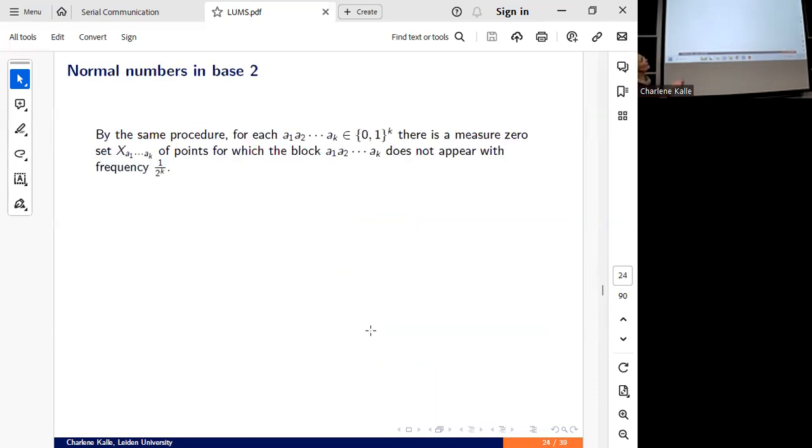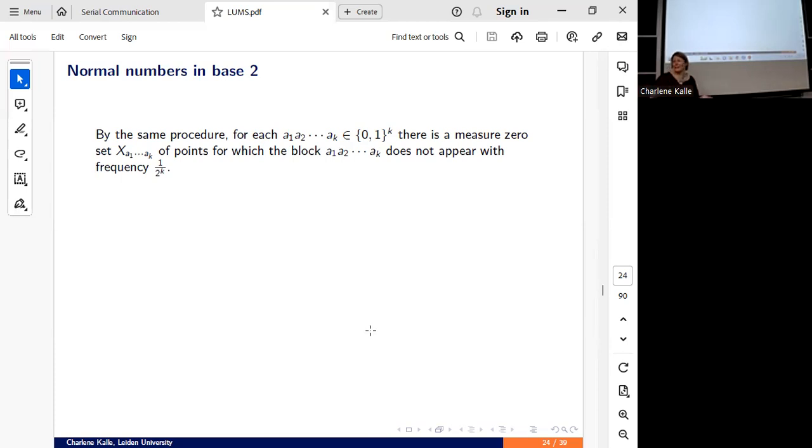So if we have any block from A1 to AK, we can do the same procedure again, and for any such block, we get a set of measure 0 of points for which this block does not appear with the right frequency 1 over 2 to the K. But we have to be a bit careful, we have to note that these measure 0 sets that are the exceptional points can be different for each block.